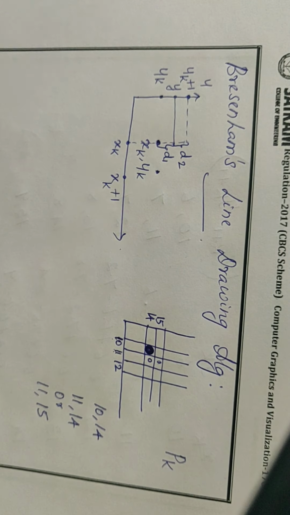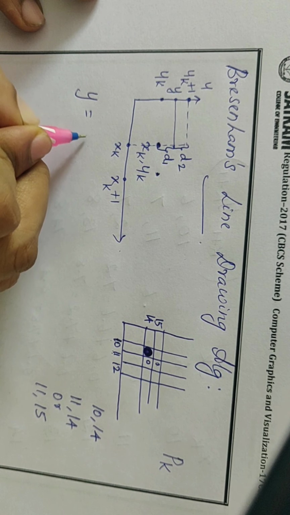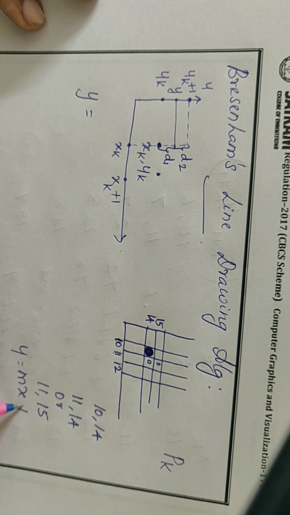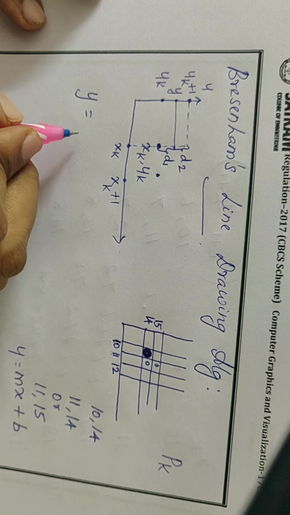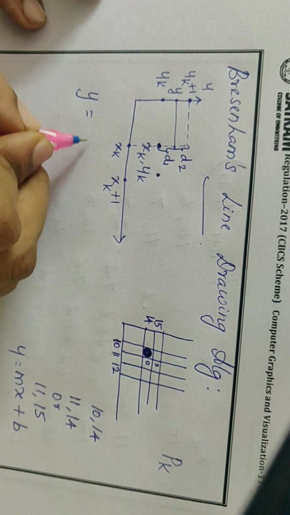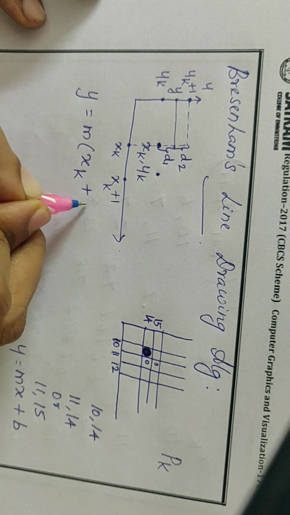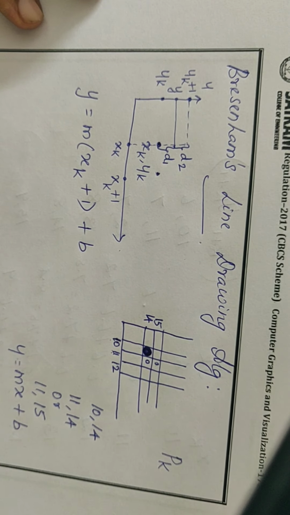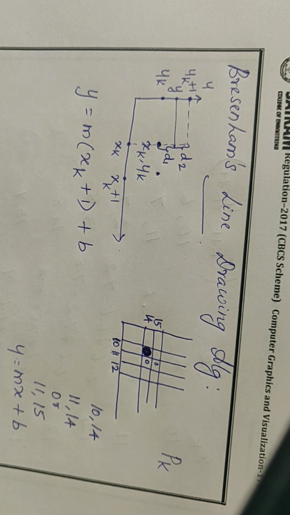And how? You know this slope-intercept formula, y is equal to mx plus b. In this formula, x travels in unit intervals, so I'll substitute xk plus 1 plus b. Now, what is the decision parameter? Now I'll come to the definition of the decision parameter.